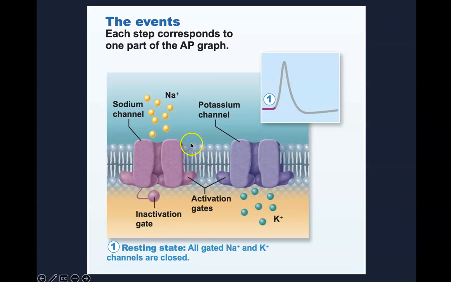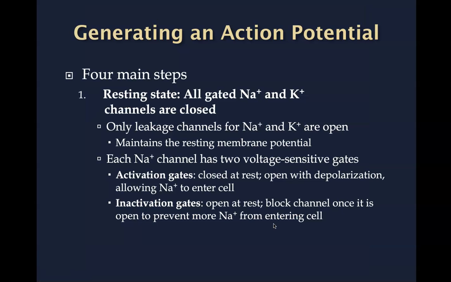Now remember, we still have the leakage channels. We still have potassium leaking out. We still have a little bit of sodium leaking back in so that we establish that resting membrane potential, right? And again, we have the sodium potassium pump that's keeping lots of sodium on the outside and lots of potassium on the inside. So that's our resting state, okay, established and ready to go.